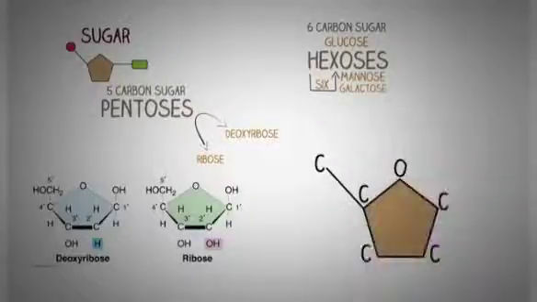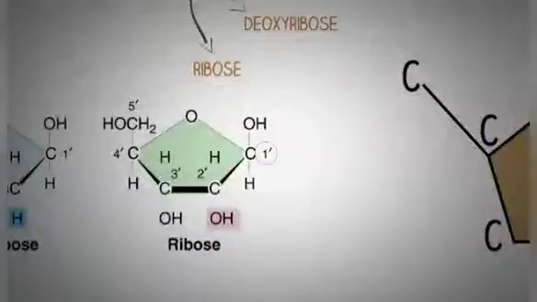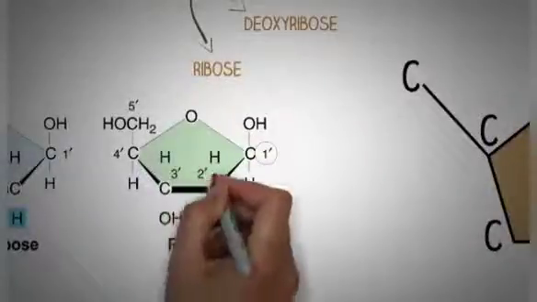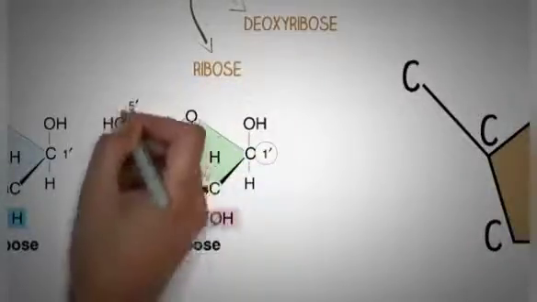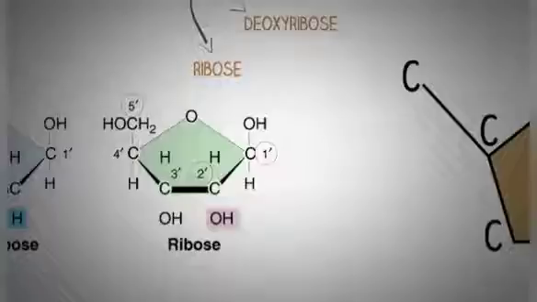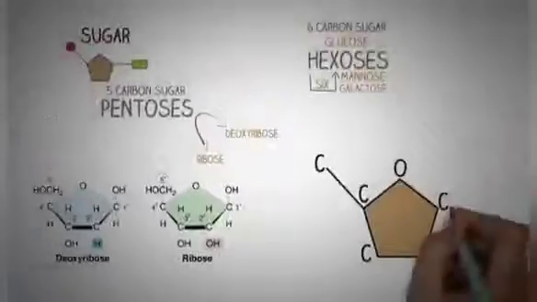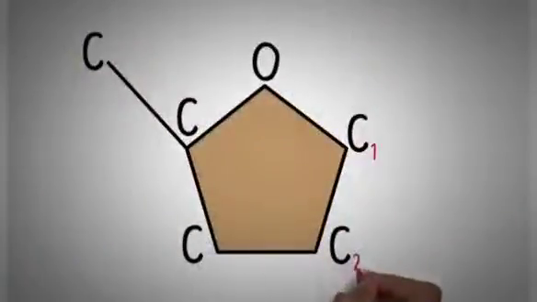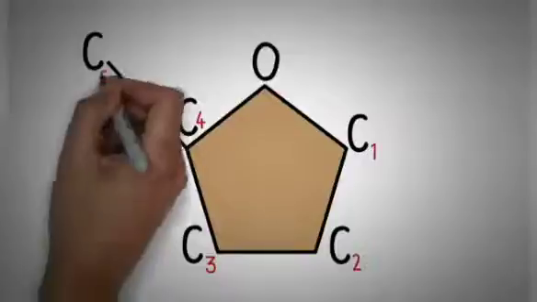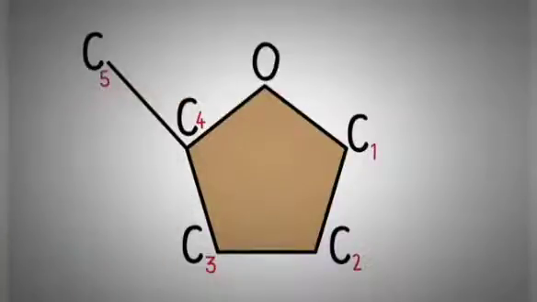We have an oxygen atom at the center topmost position. You can also see in this chemical structure that the carbon atoms are named from 1 to 5 in a clockwise direction. The carbon atom next right to the oxygen is called C1, then C2, C3, C4 and C5.